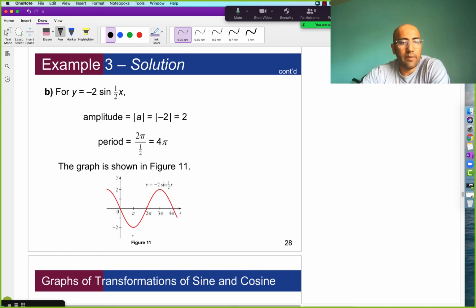That's what tells you the period of the graph. And then the 2 means we go up to a height of 2 and a minimum of -2, but then there's a reflection about the x-axis. So sine normally goes up, down, and back up. This time we go down, up, and then back down.